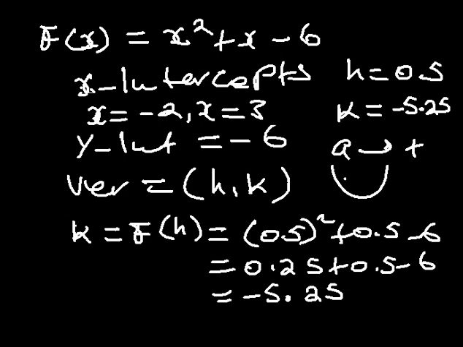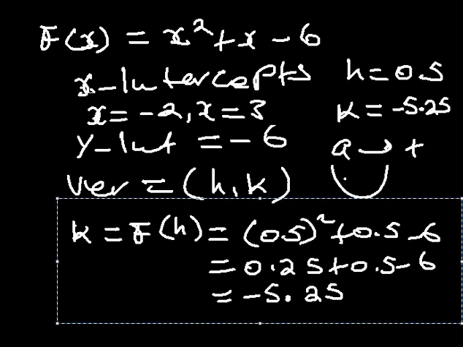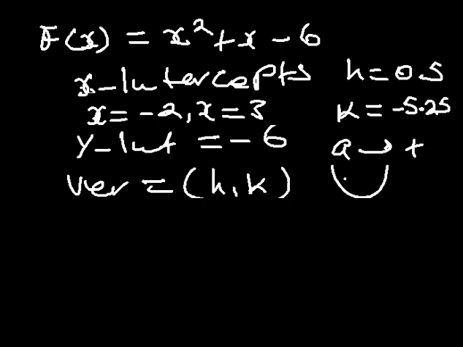So those are the necessary information that we need before we sketch the graph of the quadratic function. Then I'll come up with the Cartesian plane. In your case, you may have a graph paper that you are provided, or a page where you have to highlight everything.